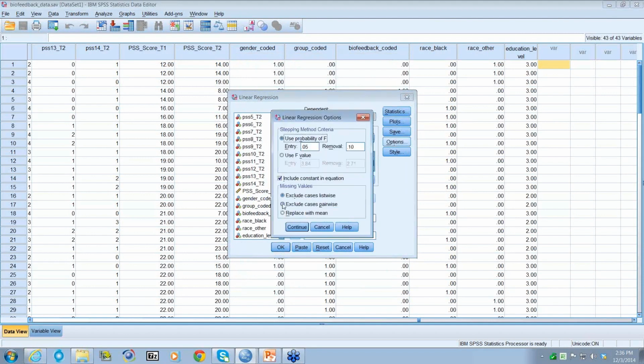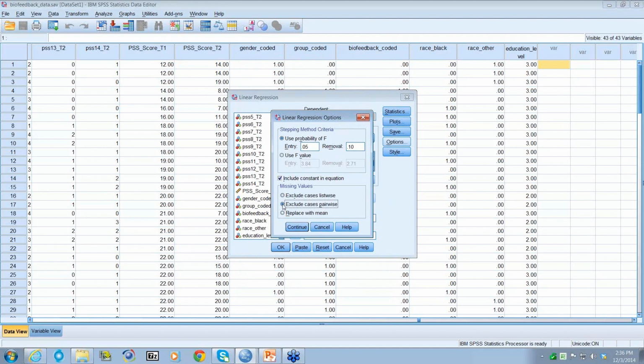I usually say exclude cases pairwise. And I don't know if it's really necessary here. I don't know if I've ever discussed this with you before, but listwise will take that record totally out if they're missing anything. Pairwise will include the record for some analyses if they have the data, and if they don't have some data for some type of analysis, it'll take it out.